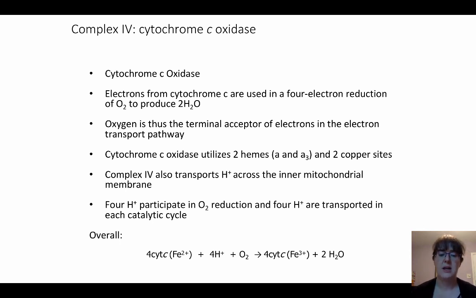So overall, we are going to have the oxidation of the heme group in cytochrome C. So that's where you see that iron 2 going to iron 3. Then, because what we're looking at is the reduction of oxygen, to make the equation balance out, that is going to be making 1 whole oxygen molecule go to 2 waters.